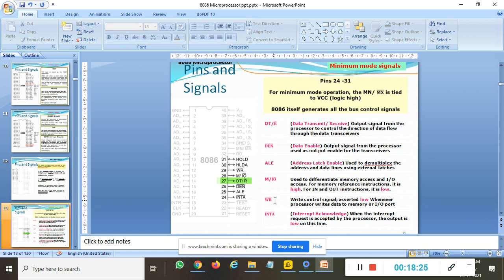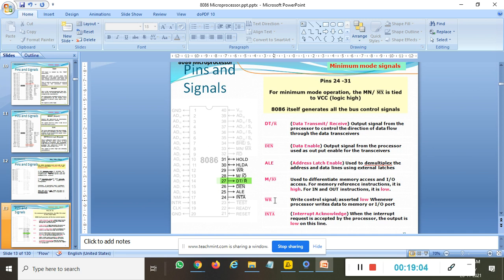When the interrupt request is accepted by the processor, the output is low on this line to indicate that the processor received the interrupt request.